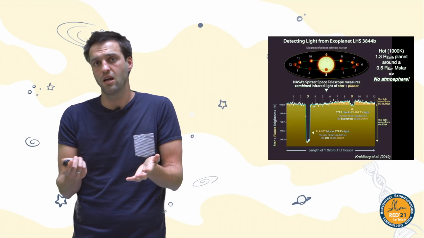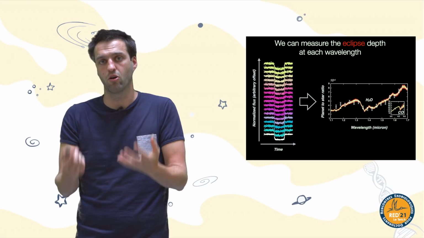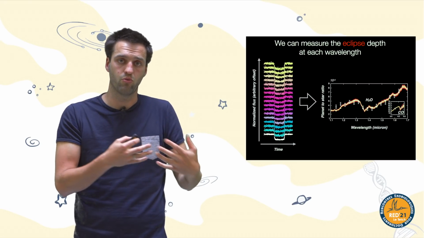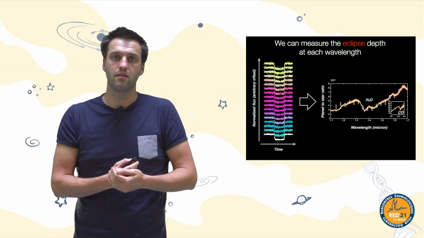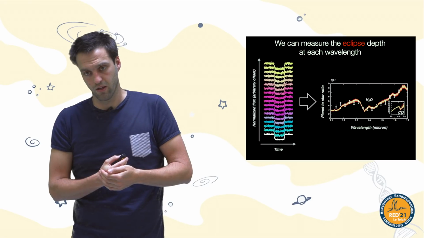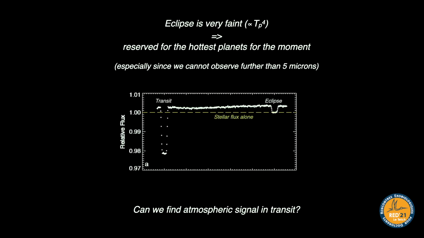Of course, I'm talking here about hot Jupiters, so when I talk about water, you have to understand that I'm not talking about liquid water, but really about water vapor that is at temperatures of several hundreds of degrees, if not thousands. The problem is that this technique of eclipses is very difficult, because eclipses are very faint, because they rely on the very high emission from the planet.